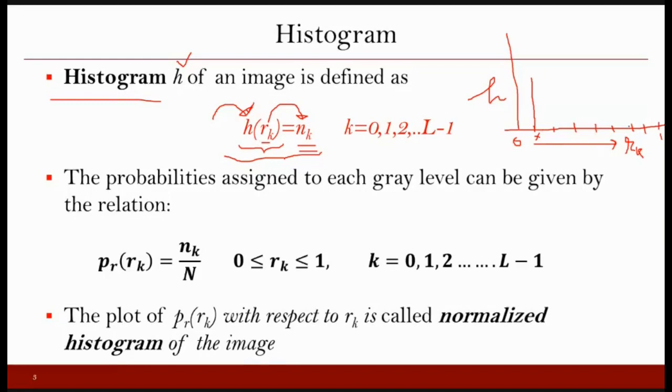Similarly, for all the r_k's on the x-axis, if you find the number of pixels that have that particular r_k, this will give you the histogram in the discrete case. In the continuous case, instead of these discrete bars, you will have a continuous function. But for our images, we are going to have a discrete histogram.